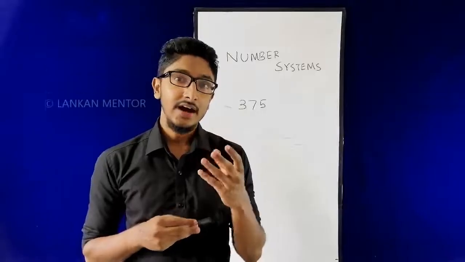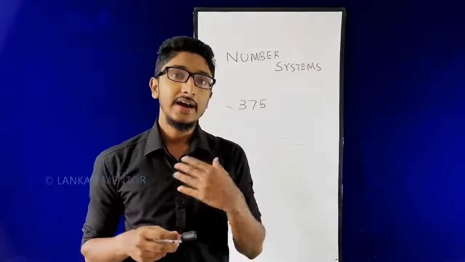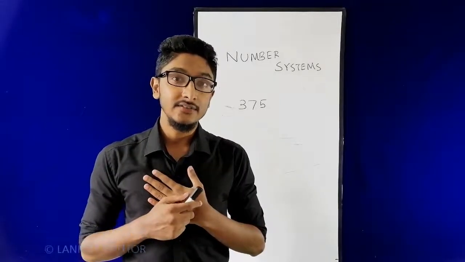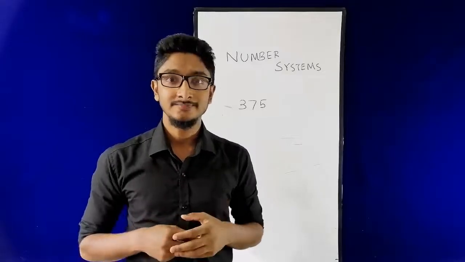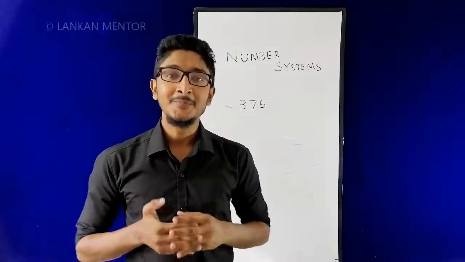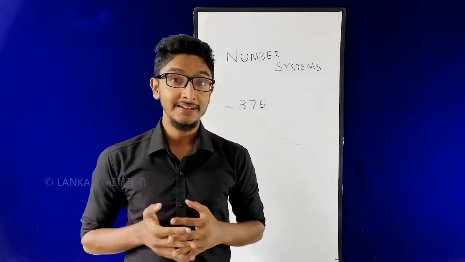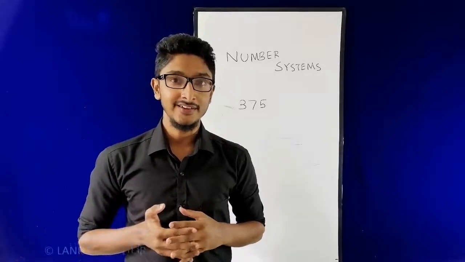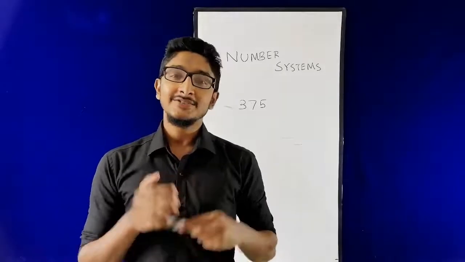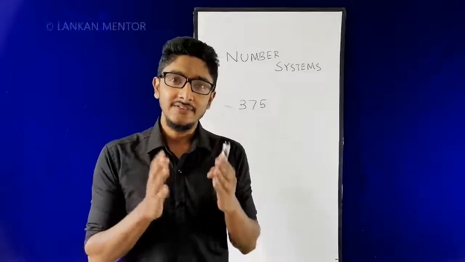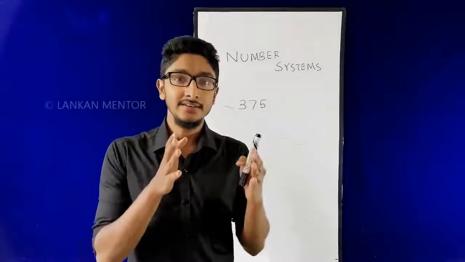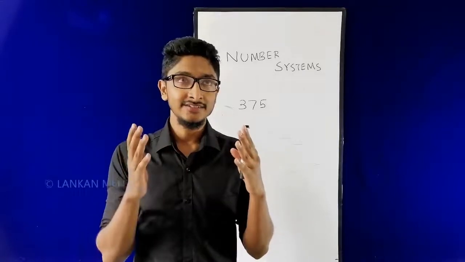Now let's say I'm saying I have 375 chocolates. Great, right? So 375 chocolates, and I'm going to eat it alone. Now you're getting angry. Okay, so 375 chocolates means there is a meaning. You can imagine, what is a chocolate?